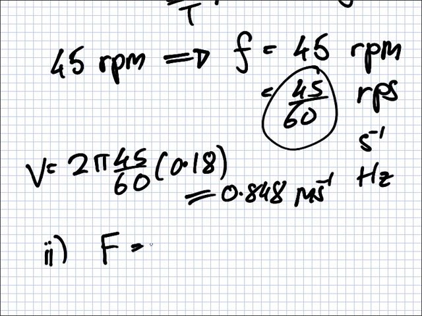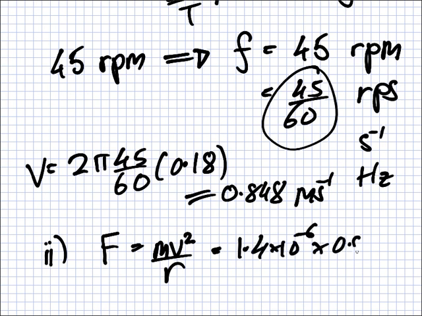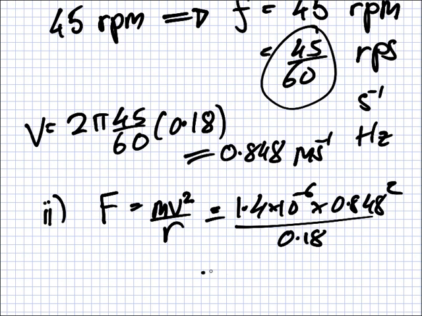So F equals mv squared over r, which is 1.4 times 10 to the minus 6 times 0.848 squared over 0.18. What do you get for that?